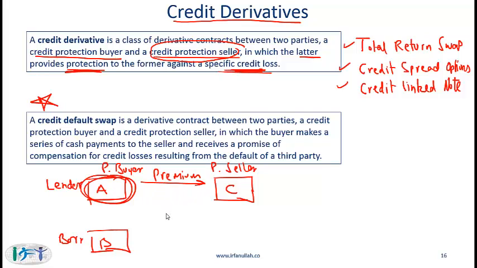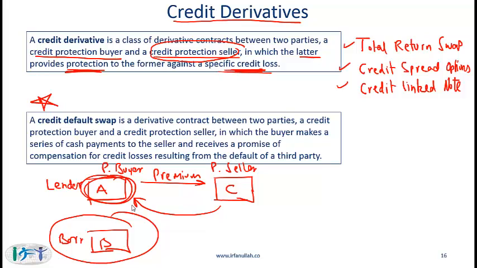This contract will have credit events defined. So the contract will specify that under so and so circumstances, typically relating to this party defaulting, the protection seller will then compensate the protection buyer.